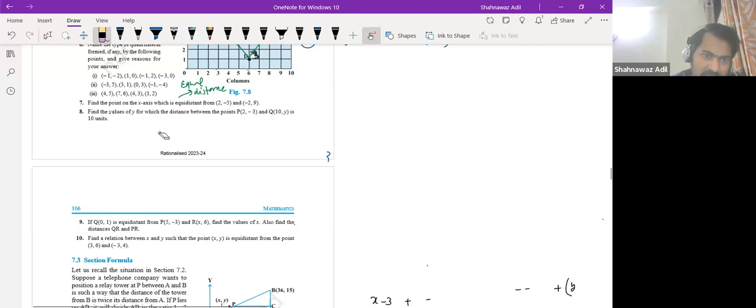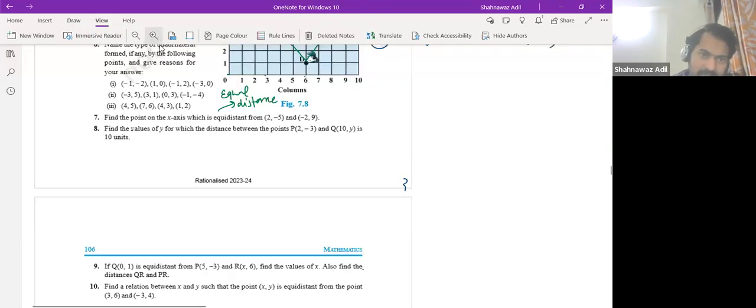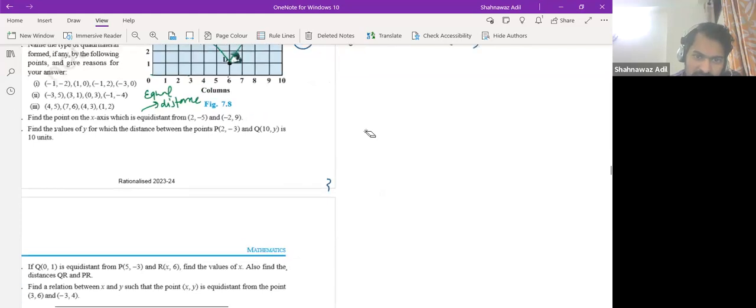Find the values of y for which the distance between the points is 10 units, right? So we have to find out the values of y. Let me zoom this in. Question number 8, you are seeing, right?